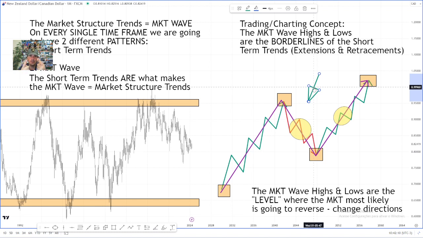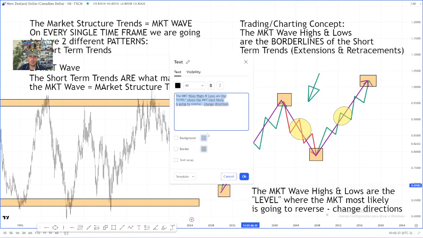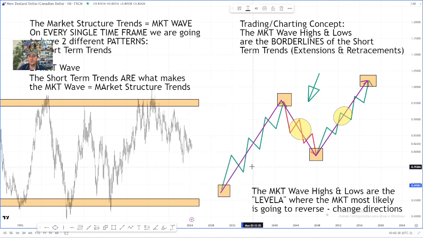You need to spatially understand and see on the chart what the market wave is, how to connect the market wave, what the short-term trends are, how to identify short-term trends, and where the border lines are. Because the market wave highs and lows are levels, where the market most likely, not a guarantee, is going to reverse.